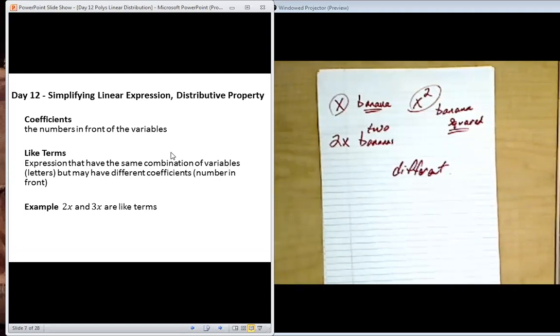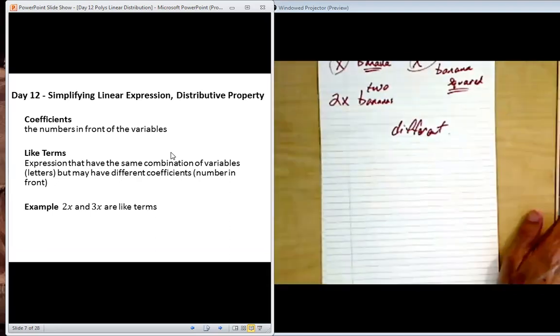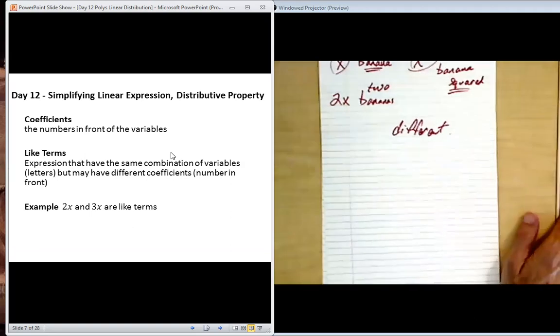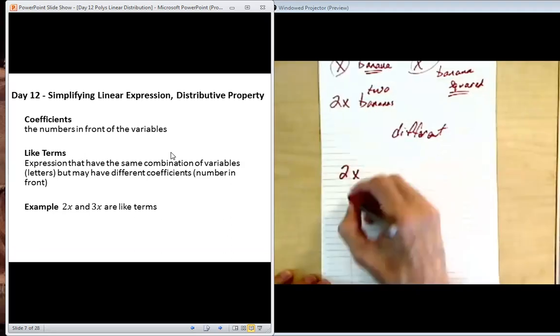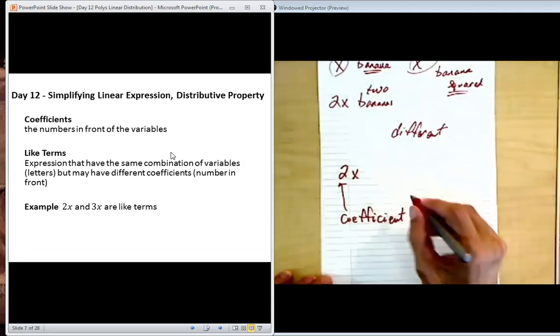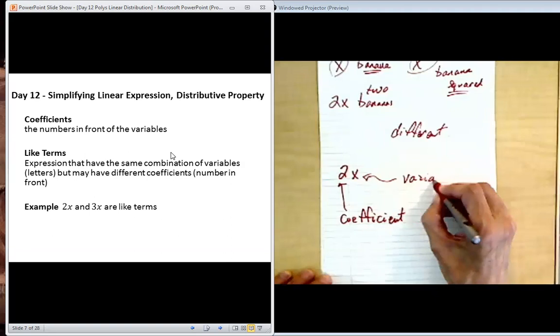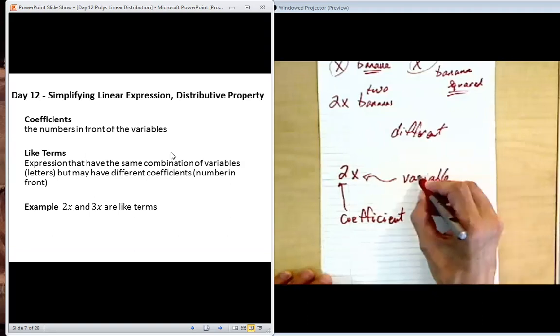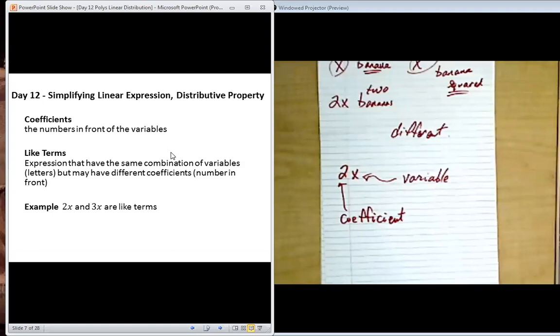What we got here are some words that you need to be aware of. Down at the bottom, it shows 2x and 3x. For the 2, that is the coefficient, and for the x, that is the variable. So we can combine terms when the combination of letters, the combination of variables, is the same.